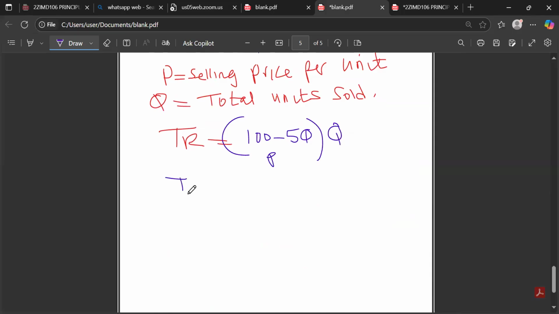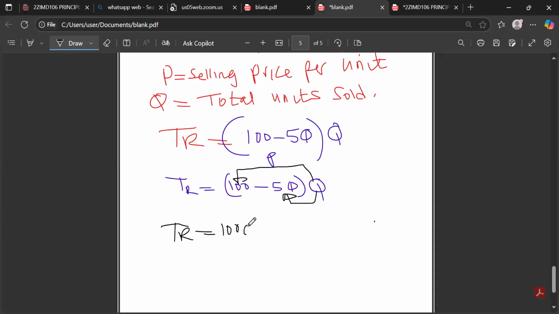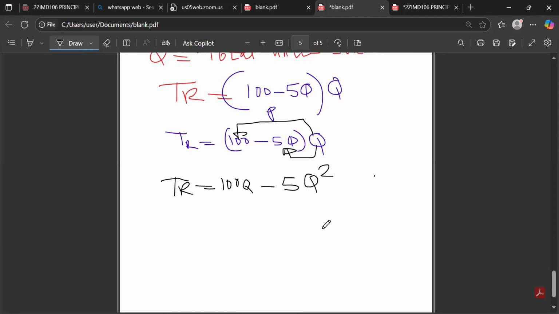So in short, our total revenue is 100 minus 5Q multiplied by Q. Are we together so far? Yes. So you multiply now. You open the brackets: this by that, and this one by this. So our total revenue is equal to 100Q minus 5Q squared. This is the total revenue function. Are we together?